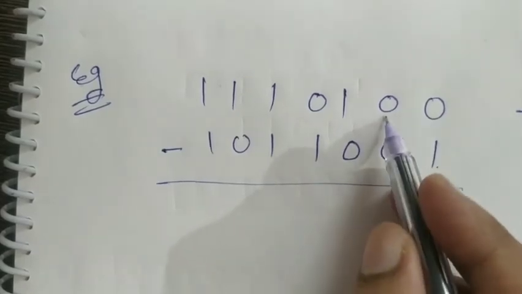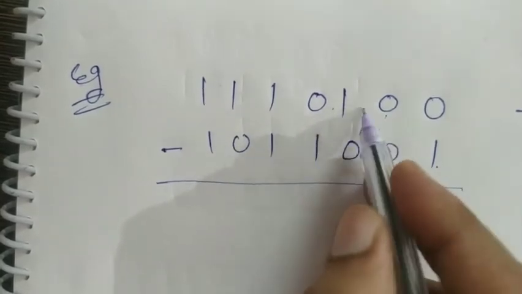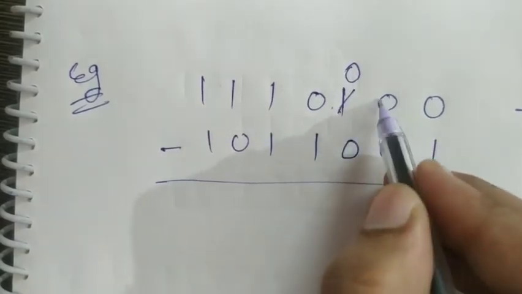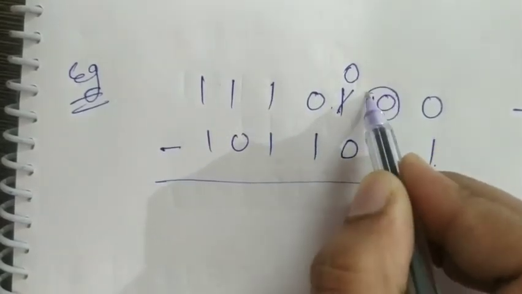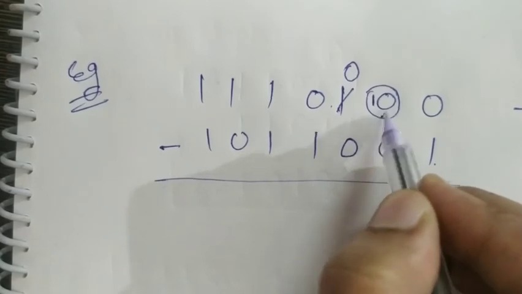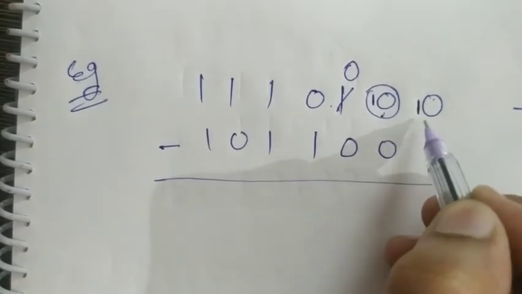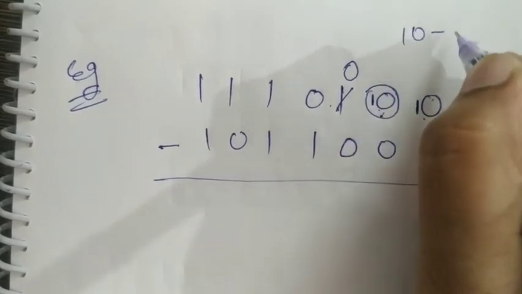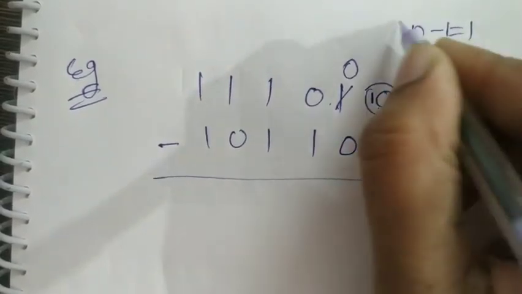Since we don't have anything to borrow from here, I will borrow from here. So this 10 is cancelled out. Now it is 0. I am taking 1 here, so now it is 10. 10 means in decimal it is 2 only. So it will become 10 and this 10 minus 1 is now 1.